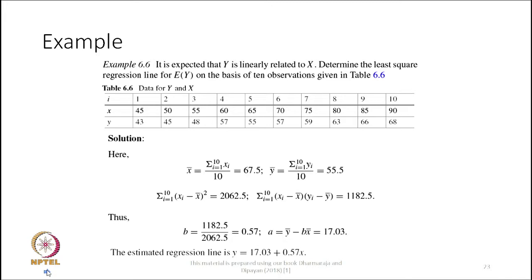So, we get the final estimated linear regression line. The same relation we explained in the previous lecture, one example, finding the linear regression line. The same exercise can be done for that problem to get that answer.